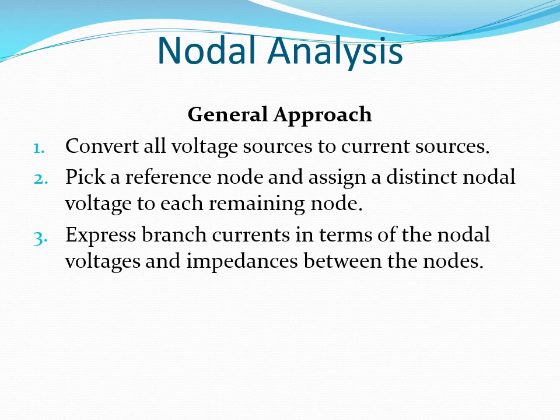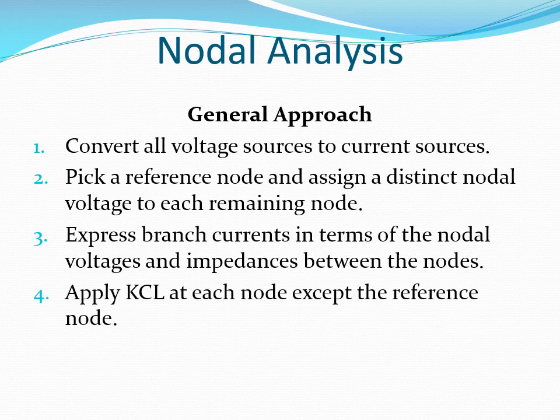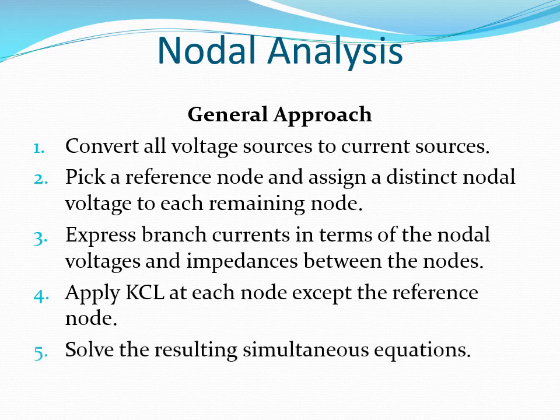Express each branch current in terms of the nodal voltages and the impedances between the nodes. 4. Apply Kirchhoff's current law at each node except the reference node. 5. Solve the resulting simultaneous equations for the nodal voltages. The nodal voltages can then be used to calculate other quantities in the network.